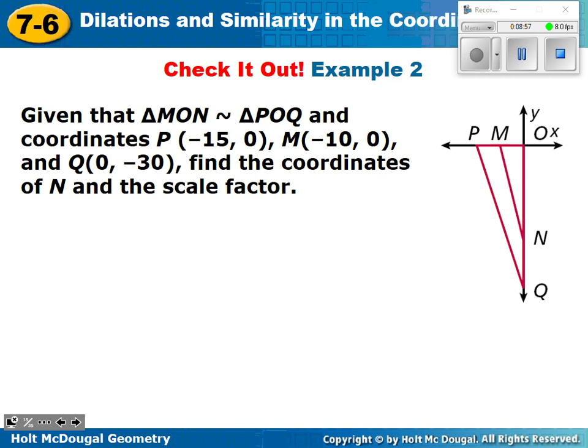Don't forget your ordered pair, parentheses, and scale factor.